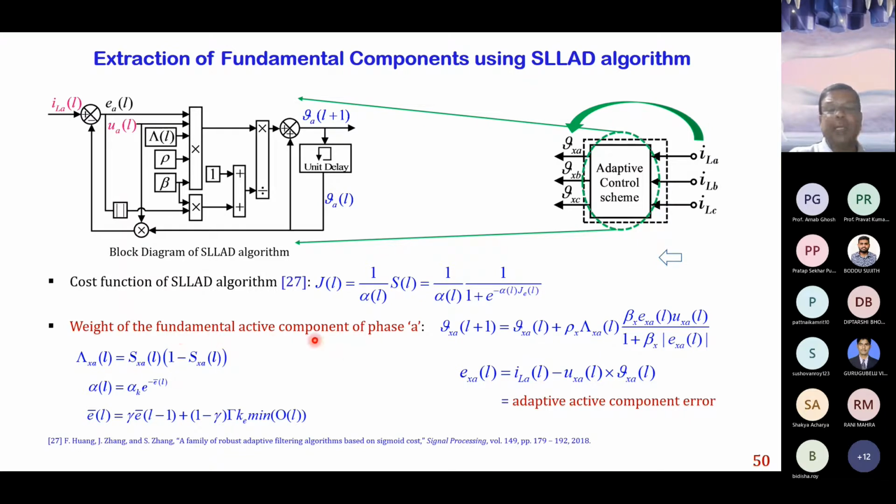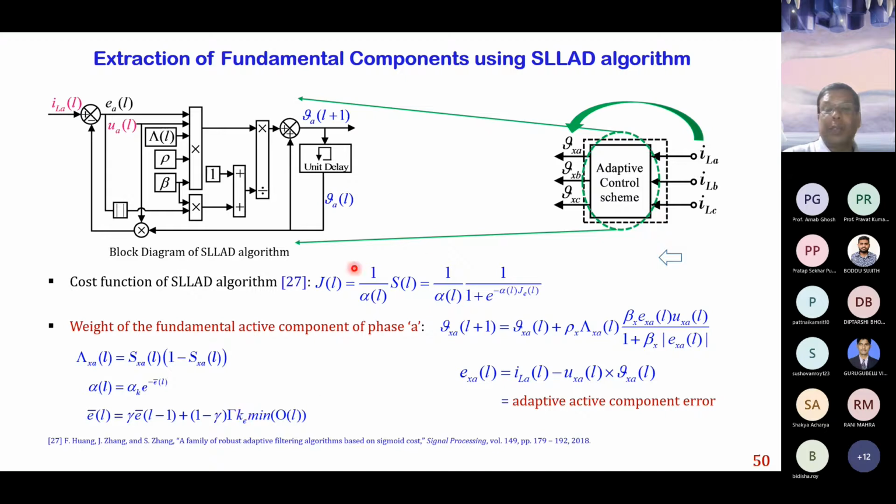The weight of the fundamental active component in phase A, that is WXA, is given by the adaptation algorithm, where the weight adaptation takes into account this factor S XA, and we compute this error signal EXL, and alpha L is like this.